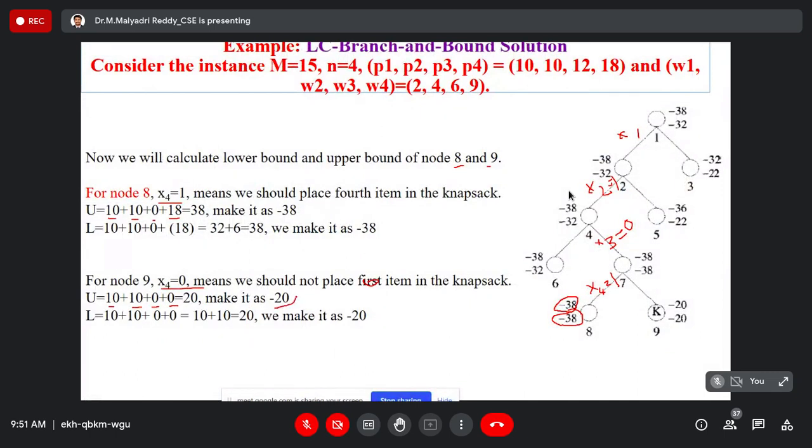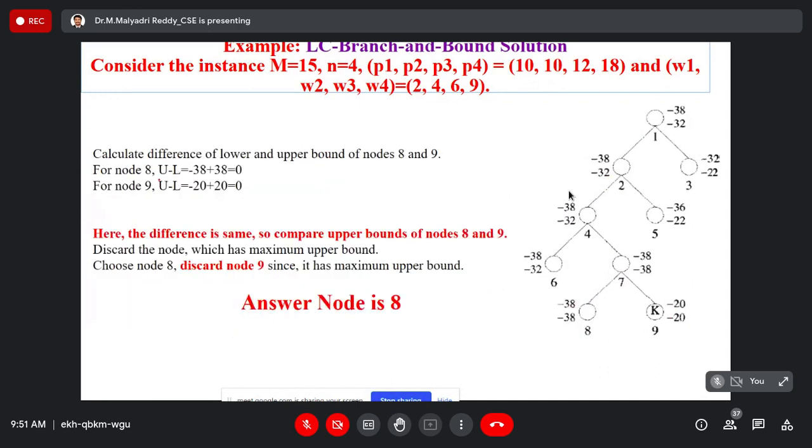So its profit upper bound is minus 20. And lower bound is also minus 20. So next I have to calculate the differences of the two nodes. Upper bound minus 38 plus minus 38, difference is 0. Here also minus 20 plus minus 20, difference is 0.